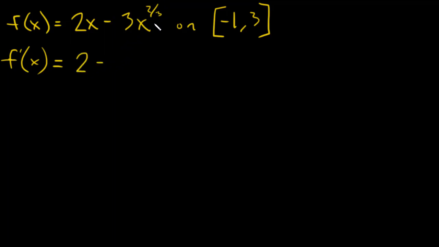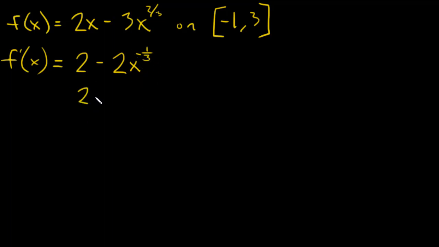This is very strange, but 3x to the 2/3. So the derivative of that, I multiply the coefficient by the exponent, which is going to leave 2, and then I subtract 1 from the exponent, so x to the negative 1/3. Okay? Now, this is kind of hiding what's going on, so let me do some rewrites.